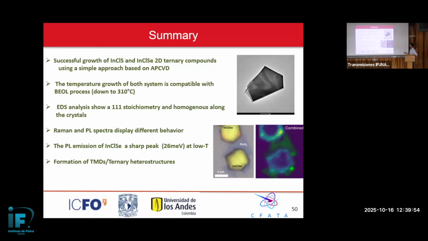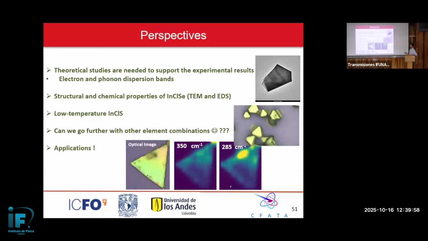So this is the summary. These are the conclusions, but what is the work that has to be done? There is no theoretical background at the moment. So in order to explain all the data that I showed you, we need theory, right?